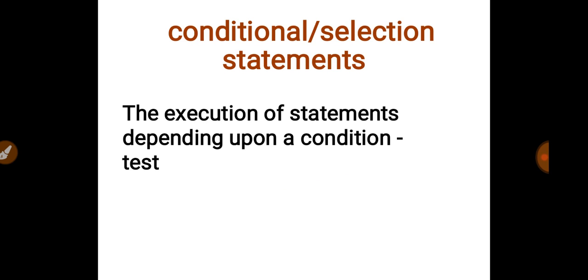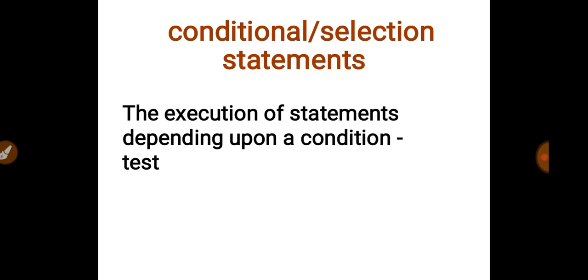Actually, there are two types of control structure in the Python programming language, categorized into two categories. One we have studied in previous classes, that is loops, and in today's class we are discussing the second category of the control structure, that is the conditional statement or selection statements.